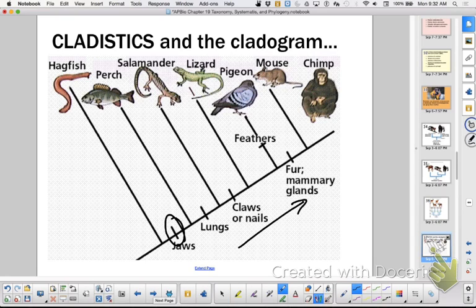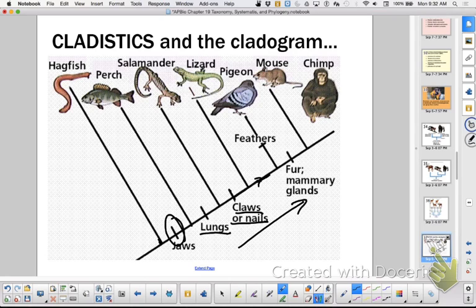Jaws. Whatever trait we pick, it's just going to evolve one time. So we have to leave off that hagfish, the jawless fish. But now we're going to dump off perch because perch doesn't have what? Lungs. Okay? And now we're going to dump off the salamander because he doesn't have what? Claws or nails. But everybody else from here on up does.